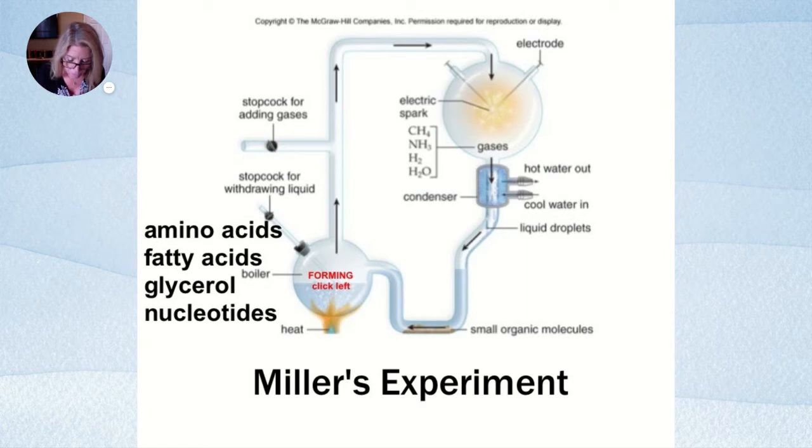So on your note for your experiment, this was proposed by Oparin. It was performed by Miller in 1953. And he circulated proposed gases in an apparatus modeling the conditions of early Earth. After just 1 week, he had amino acids, simple sugars, and other small organic molecules.